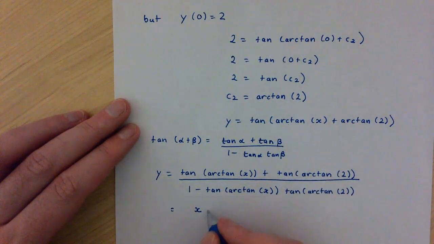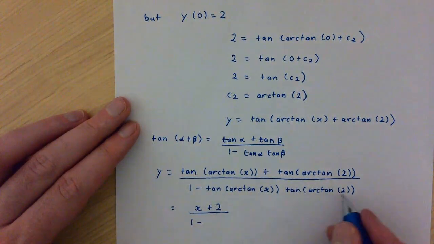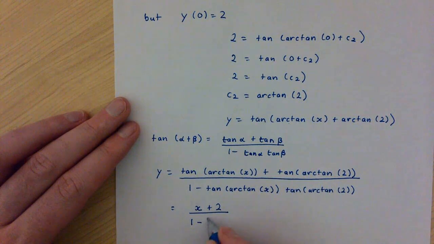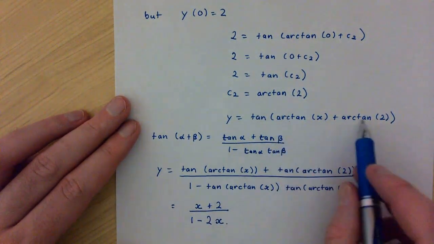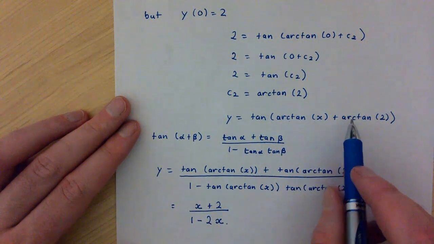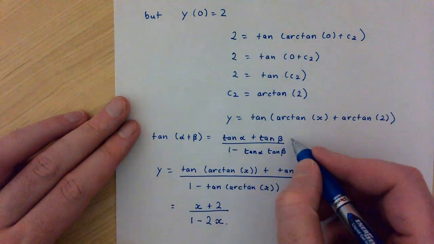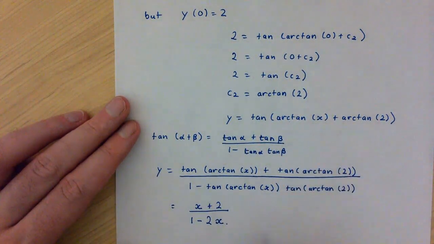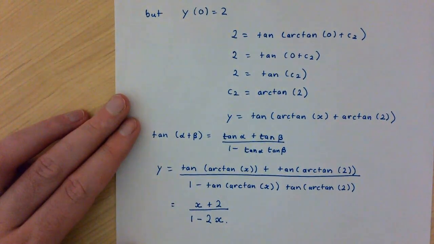I'm going to have tan of arctan of 2, which is 2, all over 1 minus tan of arctan of x, which is x, and tan of arctan of 2. So x times 2, which is just 2x. So when both terms inside the bracket have an arctan, and you've got a tan on the outside, it is worth using this addition rule for tan, because the tans and the arctans will cancel out. Okay, and we'll leave that there.